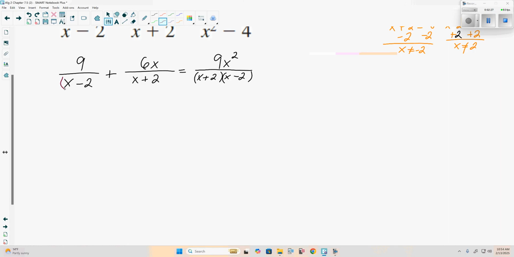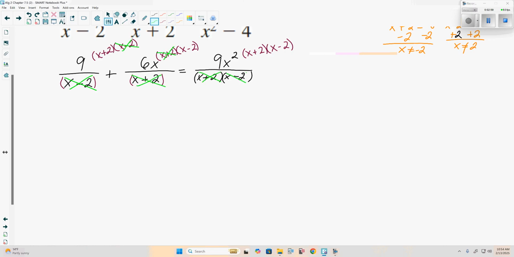Now looking at this, we need to see what to multiply through by to get the fractions to go away. So what's one thing we're going to have to multiply through by? x plus 2 and x minus 2. And let's see here, so x minus 2 and x minus 2 will cancel. x plus 2 and x plus 2 will cancel.